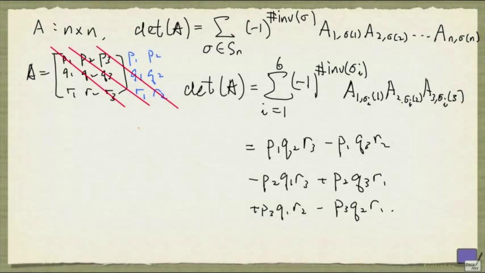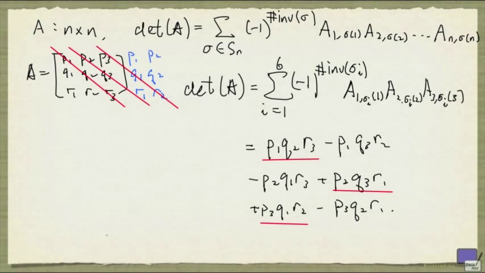For all these products, the sign is going to be positive. The first term corresponds to the diagonal P1, Q2, R3, the second to the second diagonal, and the third to the third diagonal.